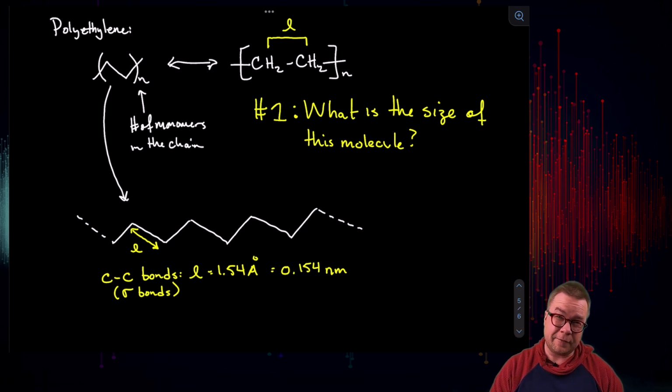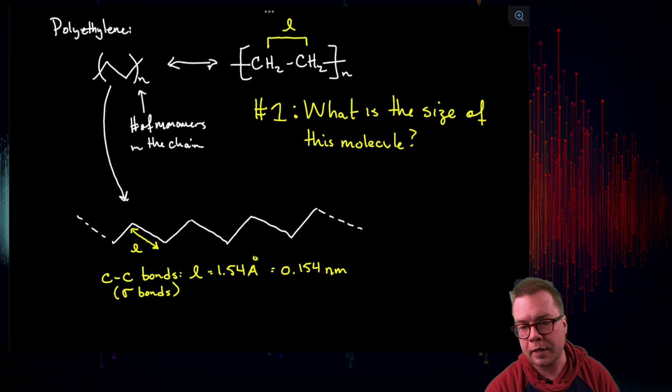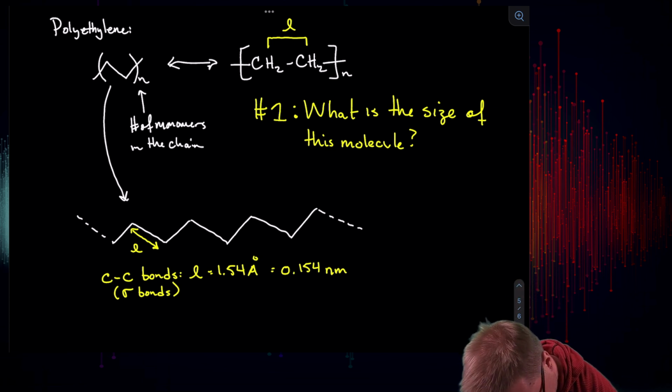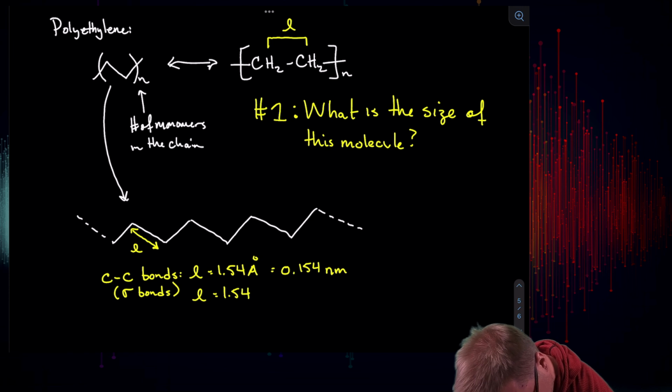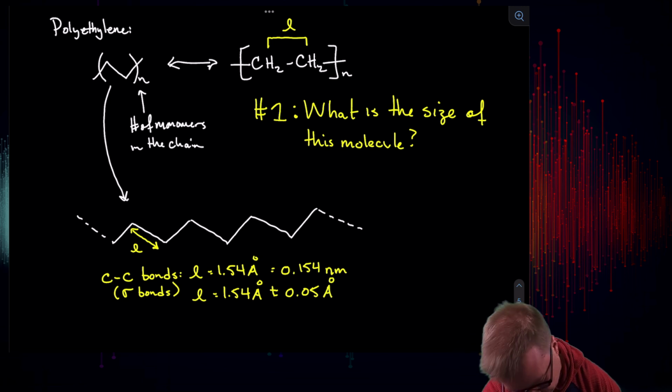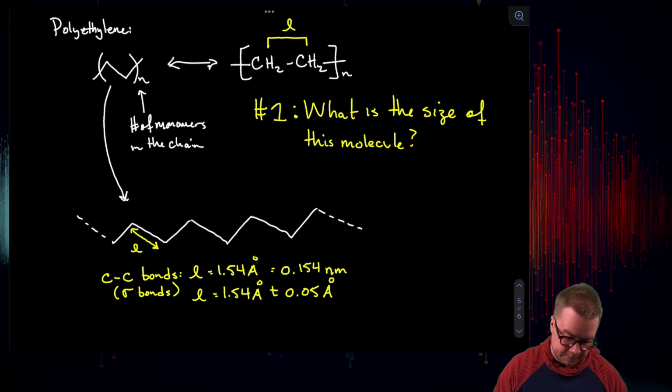And actually, it doesn't fluctuate that much. It is pretty much constant. So if you were to look at how much this changes, L is about 1.54 angstroms, plus or minus 0.05 angstroms. So it really is about constant.